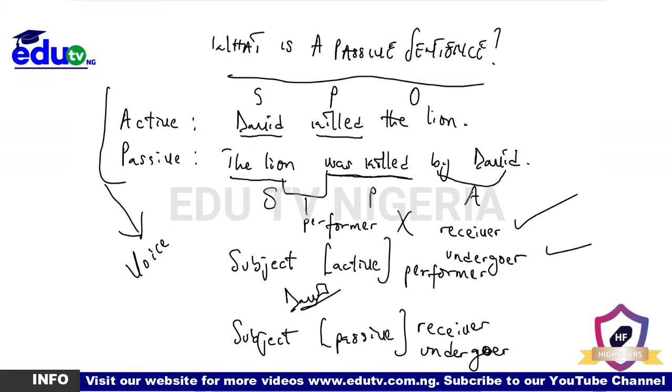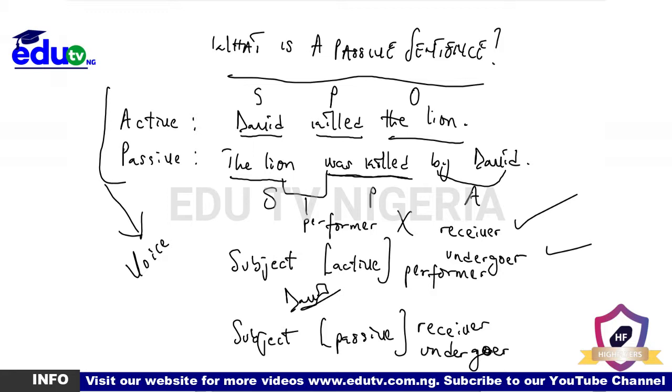So let me go over this again. David, in the first sentence, which is the active sentence, we have David killed the lion. David is your subject, killed is your predicator, the lion is your object. So the subject is usually, as it is normally, performing the action.